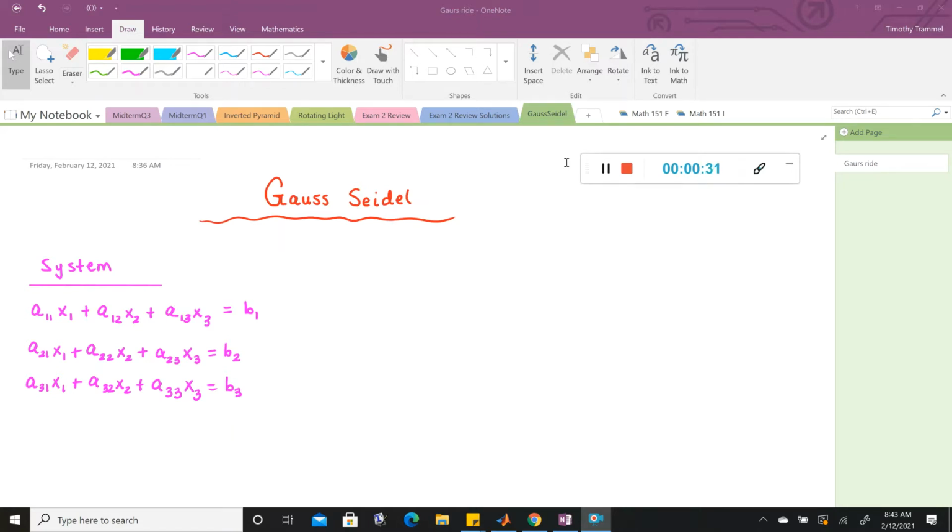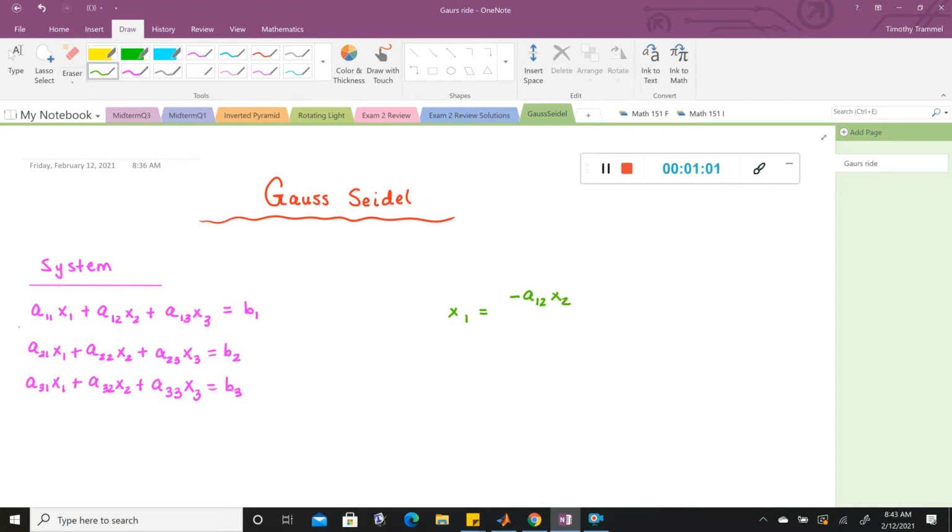When we performed the Gauss-Seidel method yesterday, the first step was really to solve the first equation for x1. So x1 is equal to, and then we're going to need to move everything over, so we're going to have minus a12 x2.